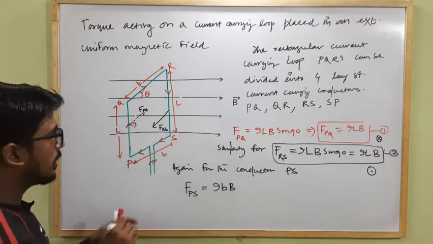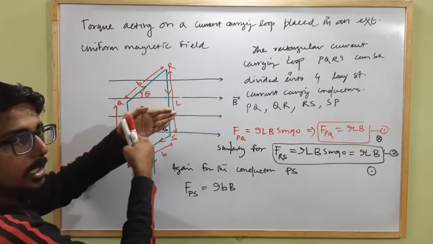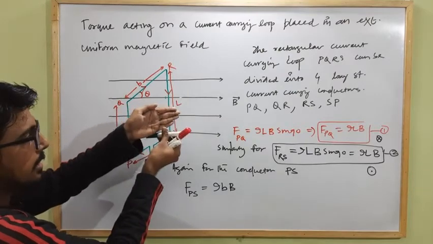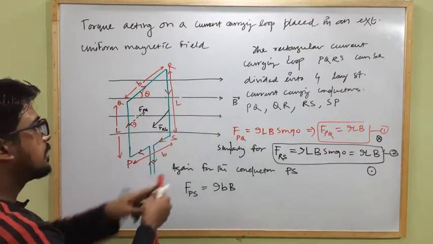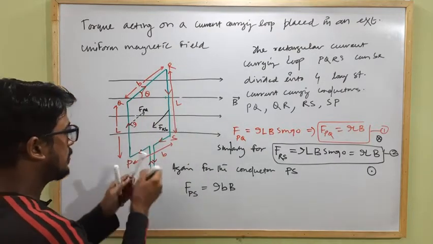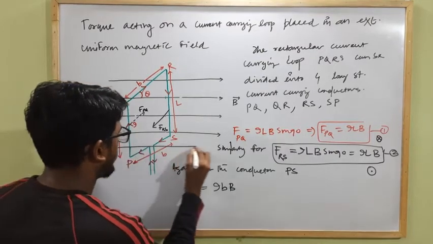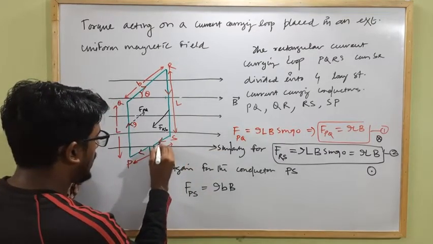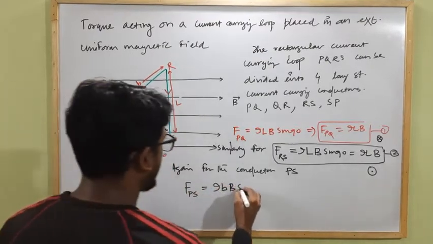As I already told you, at this instant the plane of the current carrying loop makes an angle theta with the direction of the magnetic field lines. So this angle, this is the direction of magnetic field, this is the angle. It will be theta, so it will be sin theta.